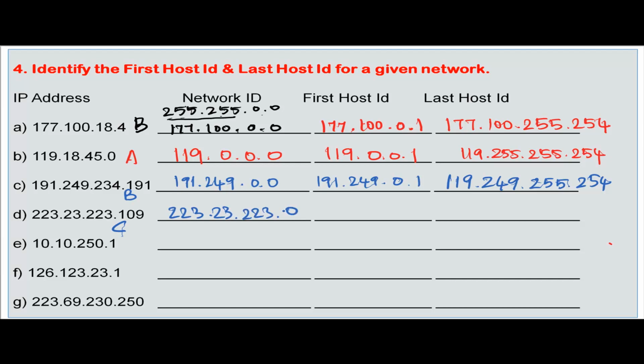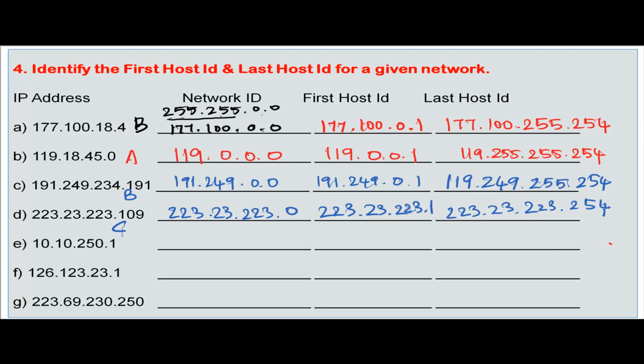Then the first host ID is 223.23.223.1. The last host ID is 223.23.223.254.